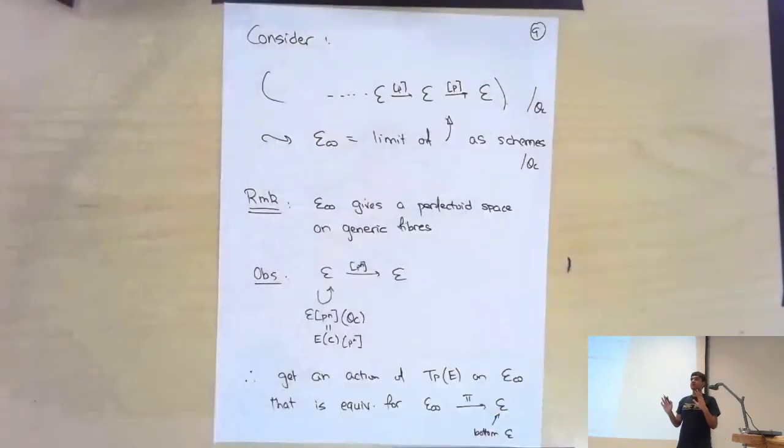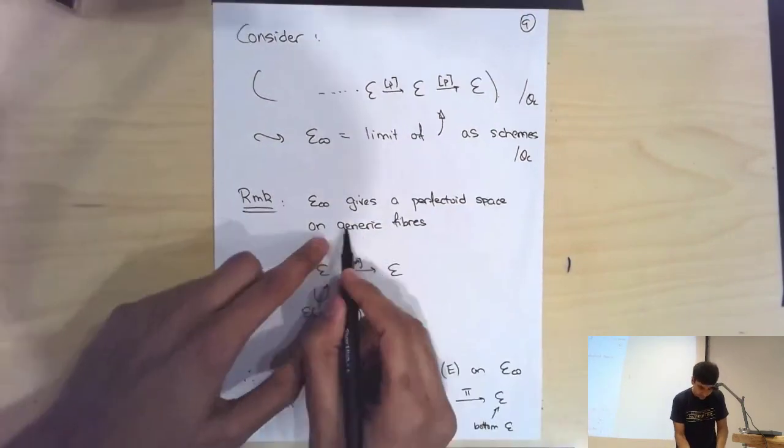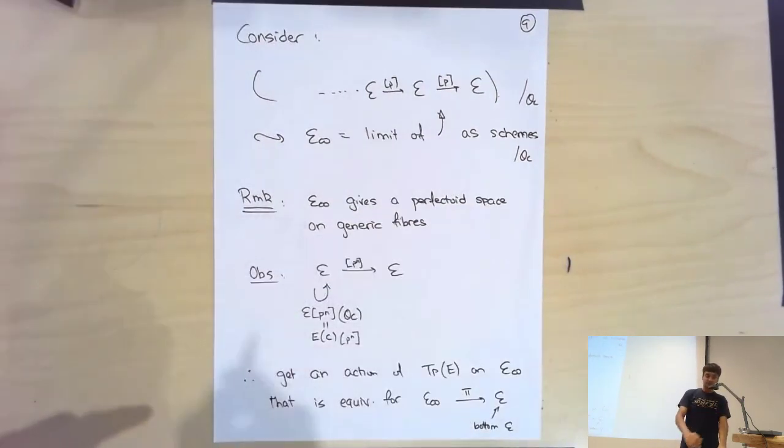I'm just regarding E infinity as a scheme. All right, so to make sense of this remark, I have to pass to the formal scheme first, and then this generic fiber. I just mean it's equivariant for this map, so it's invariant. There's trivial action on the target, and there's an interesting action on the source, and the map intertwines them.